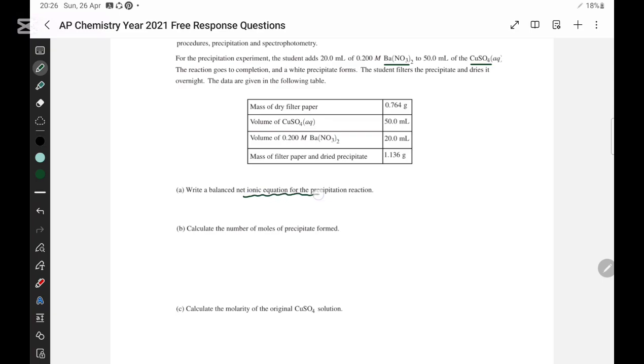First, they ask me to write the net ionic equation for the precipitation reaction.